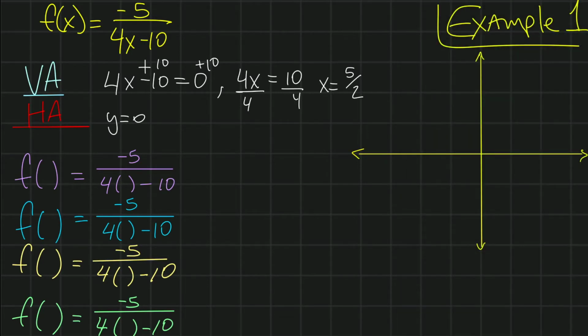So we'll go ahead and graph. So at 2.5, we have 1, 2, let's say that's 3, so a half would be right here on that line. So here's where we have our vertical asymptote.